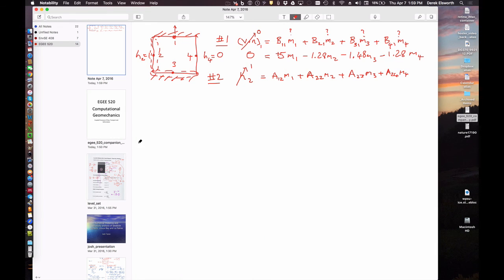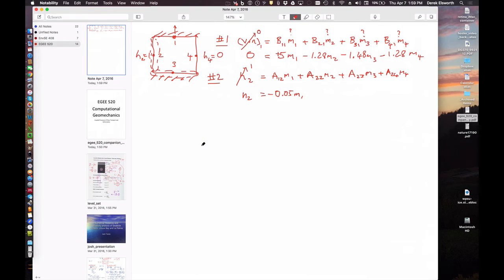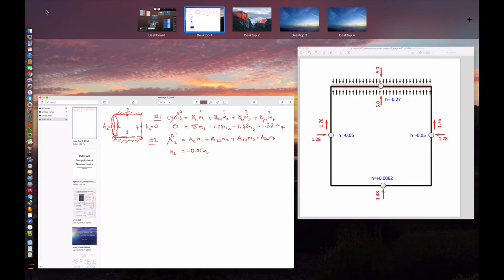So this would be H2, which we know is equal to 1, is going to be minus 0.05. We're going to put it now on itself here and find its self-influence.